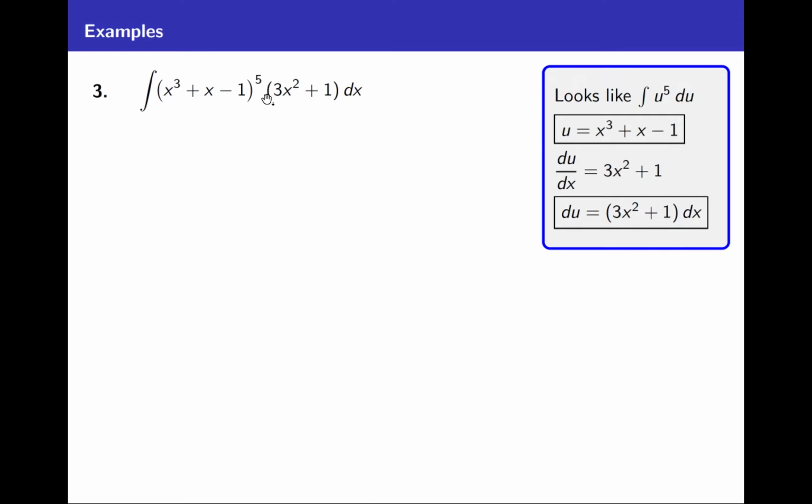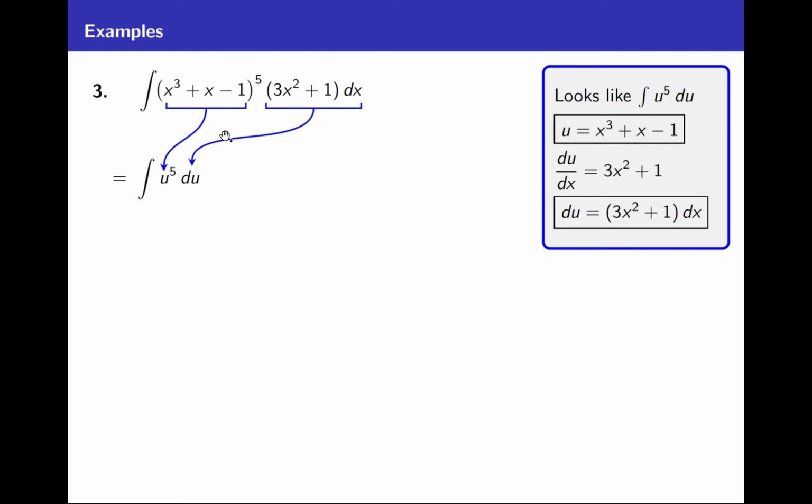And now you can see that that 3x squared plus 1 dx really does equal du. So making these substitutions, we get the integral of u to the power of 5 times all of this stuff, 3x squared plus 1 dx, which equals du.